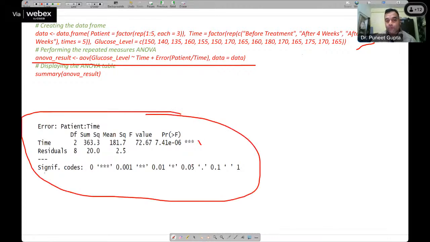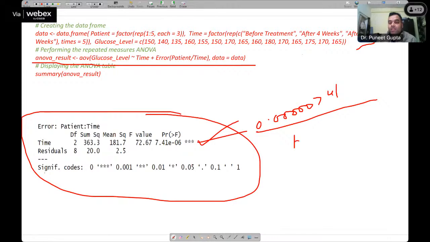You go straight to the p-value. It is almost 0, 10 to the power minus 6, like 0.000000741. So you can say, since the p-value is less than 0.05, H naught is rejected.